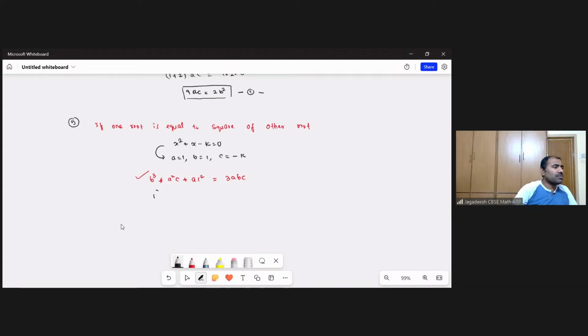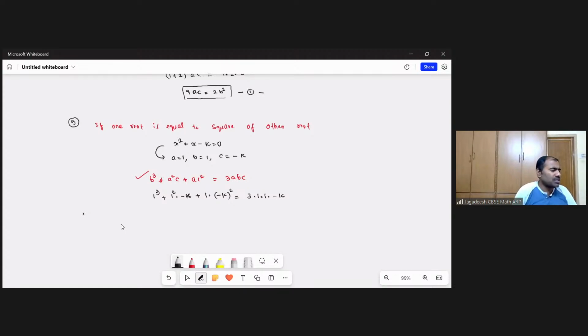B is 1, so 1 cube plus A is 1 square into C is minus k, plus A is 1 into C is minus k whole square equal to 3 into A is 1, B is 1, C is minus k. So finally we need to find k value.